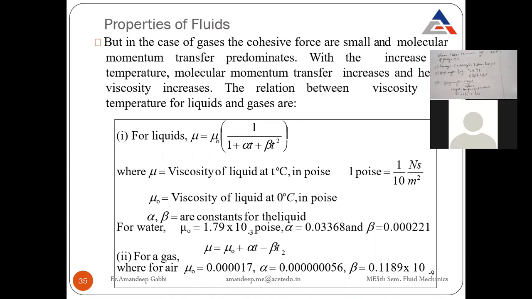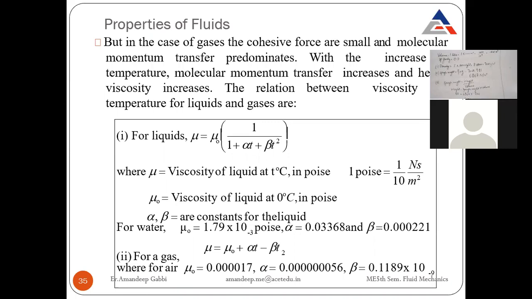For liquids, mu is equal to mu naught over 1 plus alpha t plus beta t square, where mu is viscosity of liquid at T degree Celsius and mu naught is viscosity of liquid at 0 degree Celsius. आपको 0 डिग्री सेल्सियस पे विस्कोसिटी पता होनी चाहिए, और जिस टेम्परेचर पे आप निकालना चाह रहे हैं वो आप निकाल सकेंगे. Alpha and beta are the constants for the liquid.